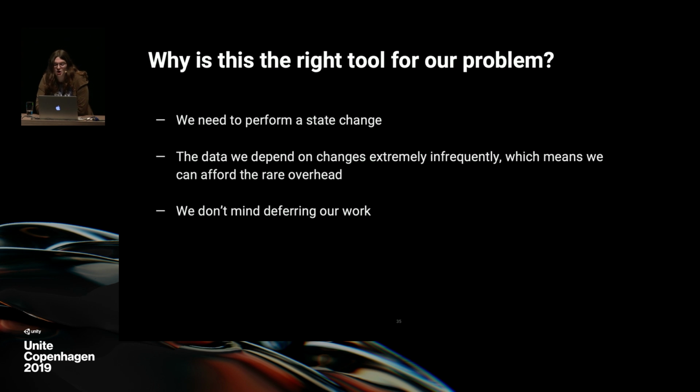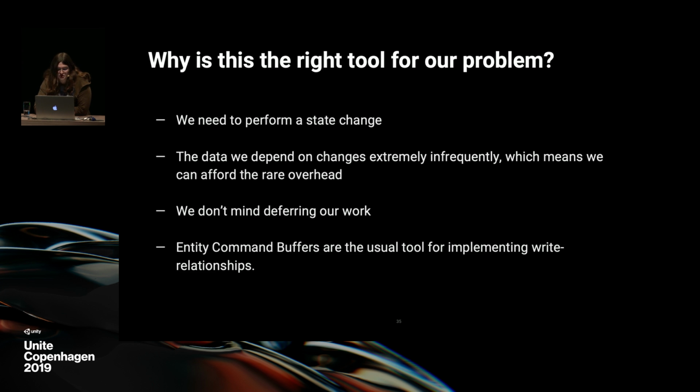We don't mind deferring our work, and we don't need to immediately react to the change of the value. If we did, maybe we would use ComponentDataFromEntity for value relationships, but most of the time it is okay to defer. You just have to think about it in terms of where you're syncing up later on. So in general, entity command buffers are the tool you will usually use for implementing write relationships.